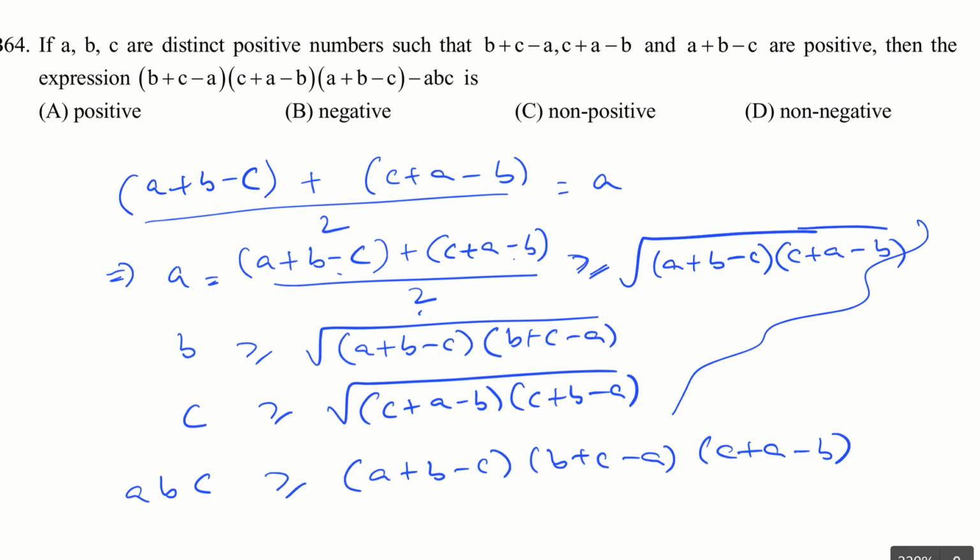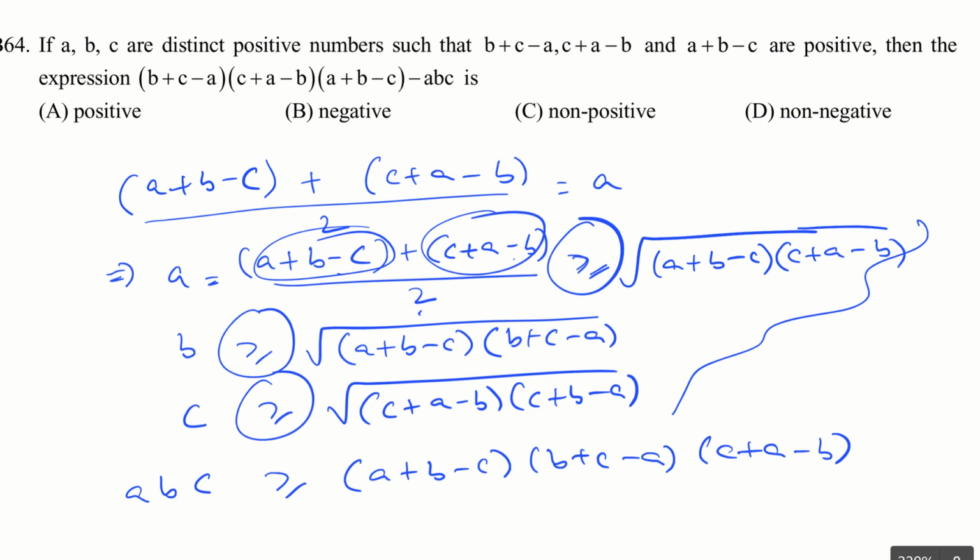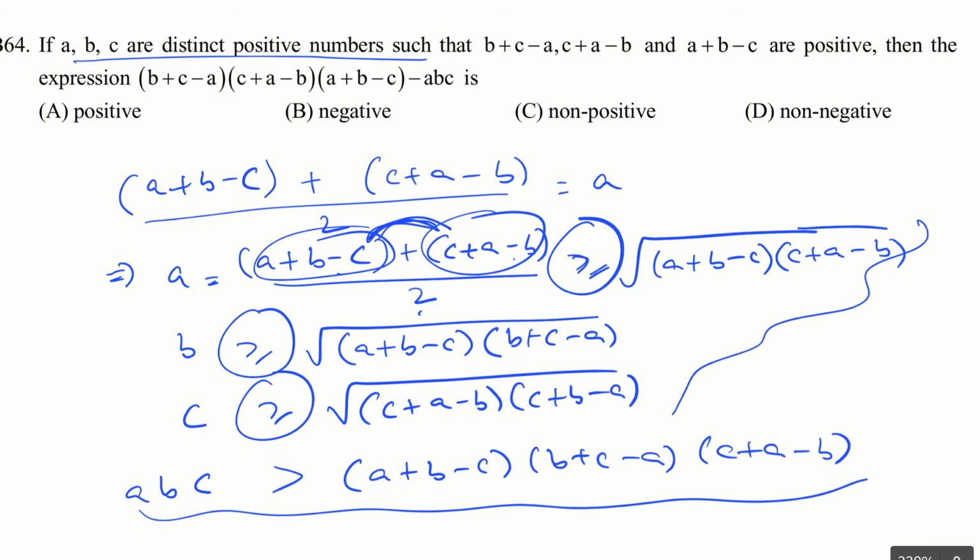But observe that to have equality in the AM-GM inequality, the quantities involved must be equal. But these two cannot be equal because he said that a, b, c are distinct numbers. Therefore, I can safely assume that this is strictly greater than this. Therefore, the given quantity is a negative quantity. Let's go to next problem.